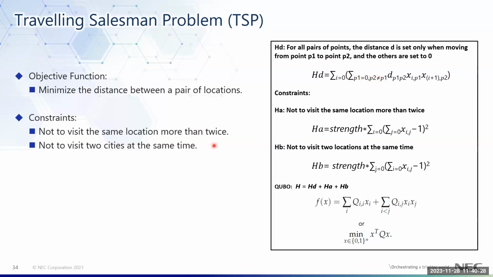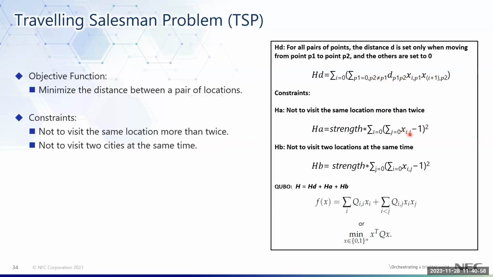That is one of the constraints. It uses the distance between 0.1 and 0.2 and the binary variable for that point in time and the next point. And the constraints can be defined by the strength, which is basically the penalty function, times the sum of the binary variable minus 1. So we're just making sure that the same place is not accessed more than once.